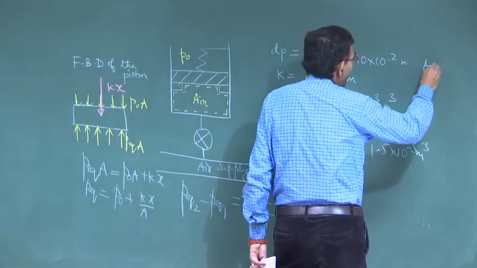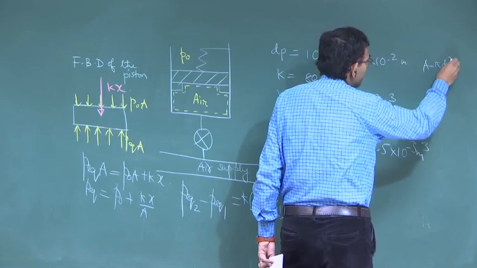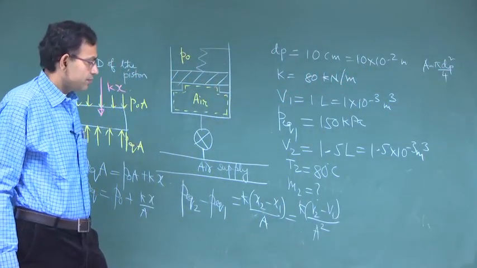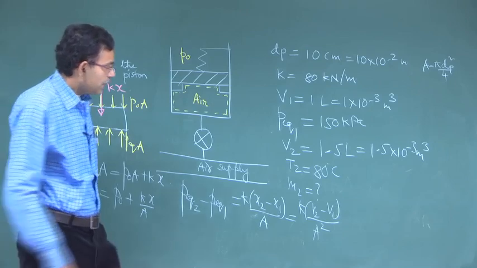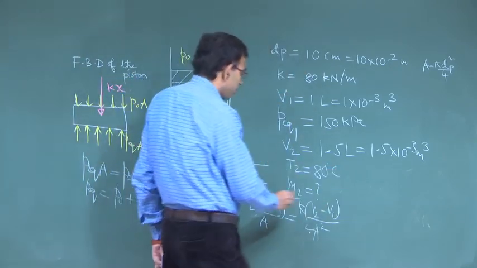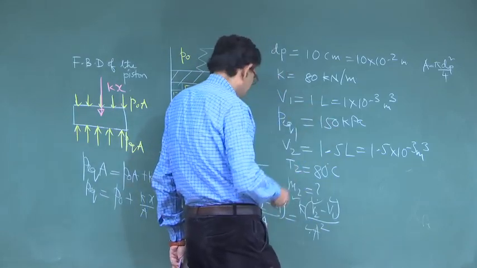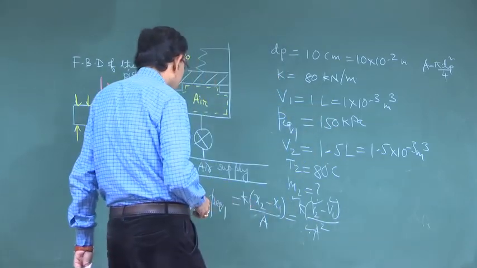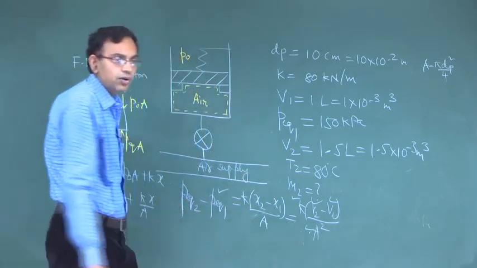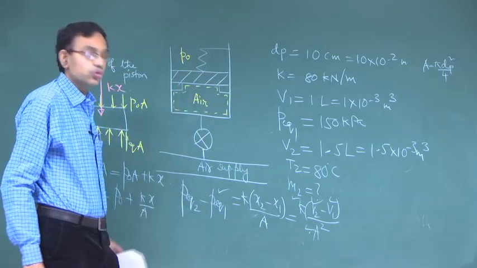A is pi d square by 4. It is a circular piston. So K is given, A is given, V2 is given, V1 is given, all these data are given. And P equilibrium 1 is also given. So this equation will give you P equilibrium 2.